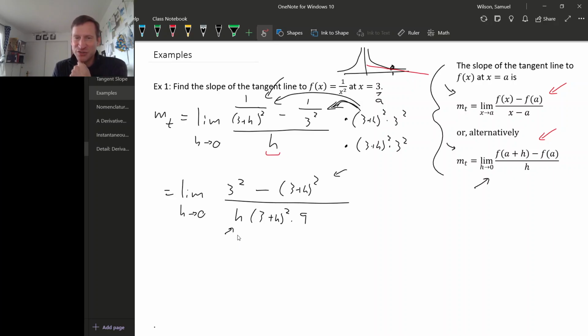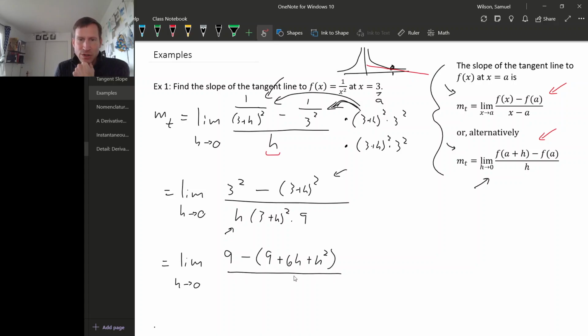Hopefully there will be a factor of h that we can use to simplify. So this is the limit as h goes to 0 of 3 squared, which is 9, minus, and multiplying all this out, we get 9 plus 6h plus h squared, over h times 9 times 3 plus h squared. I could multiply out this 3 plus h squared, but I don't know yet that I need to, so maybe save that for later.